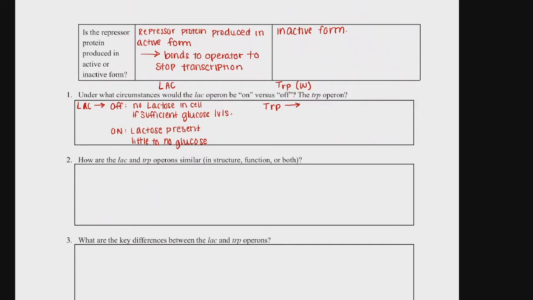Anyway, the trp operon would be off when tryptophan is readily available. It is on at pretty much all other times.